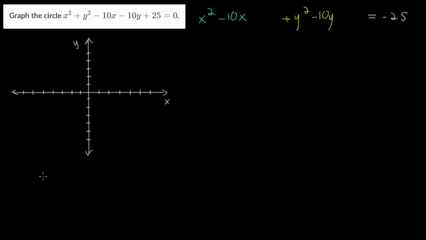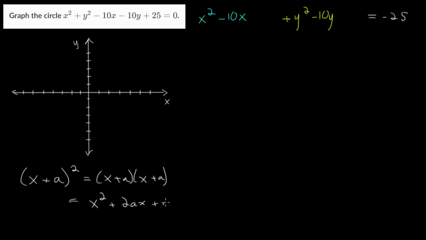So remember with completing the square that if we have some binomial squared, we'll call it x plus a squared, if you multiply this out by just rewriting it twice, since we are squaring it, you can see the formula is x squared plus twice a multiplied by x plus a squared.